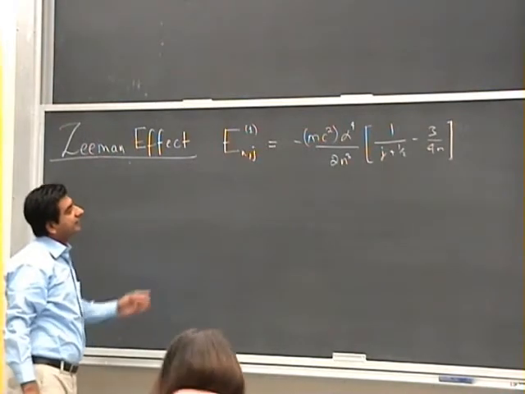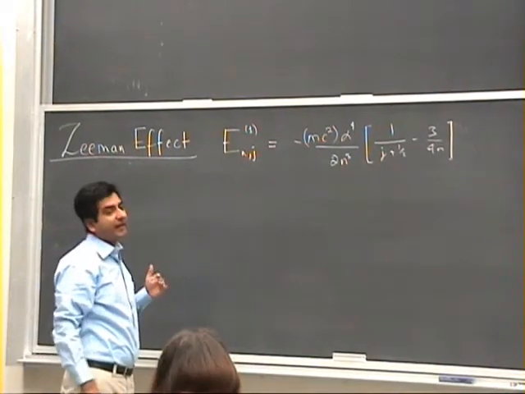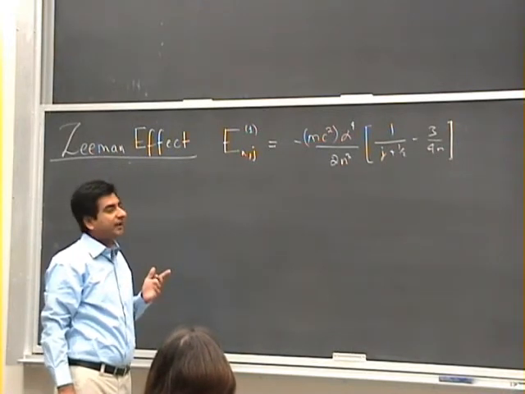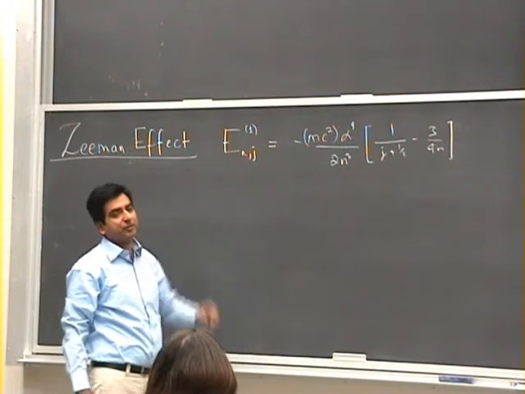And we also noticed that the degeneracy in the n subspace is lifted. And the new relevant quantum numbers are the n, j numbers.